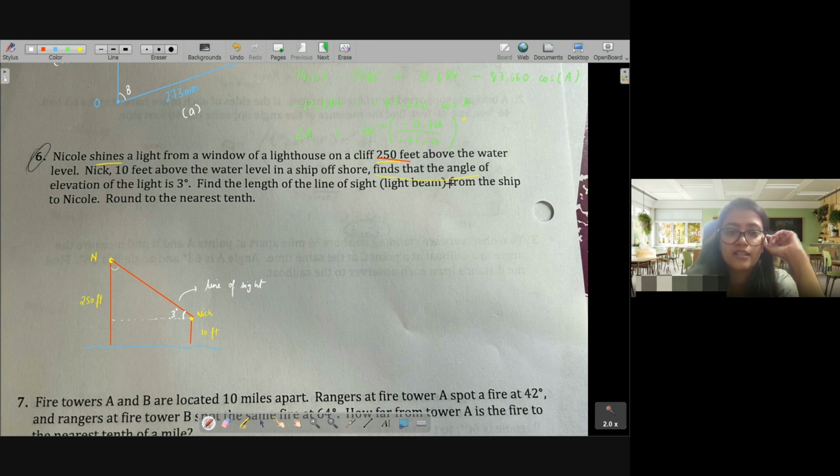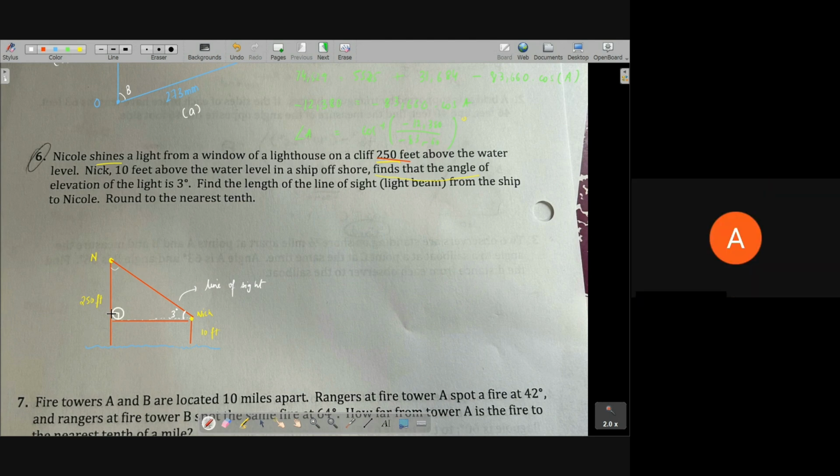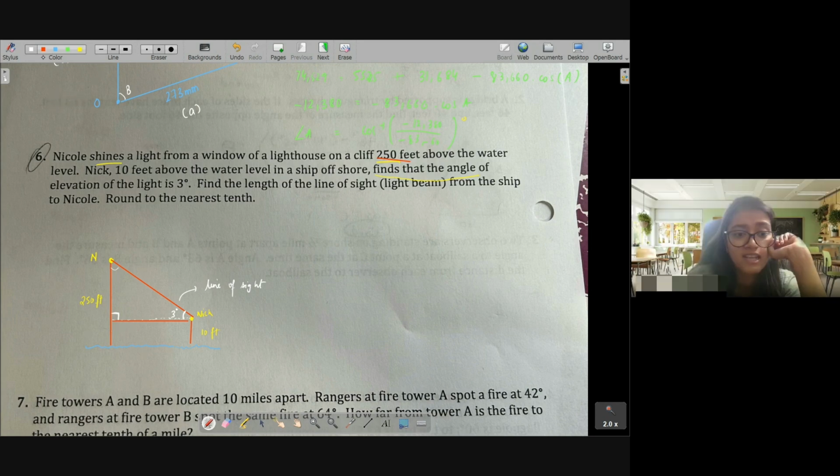Let's call it X. Here we don't need to use the law of sine or cosine, because you have a right triangle here. Whenever you have a right triangle and we have to find the hypotenuse, it's opposite over hypotenuse, so that's sine.